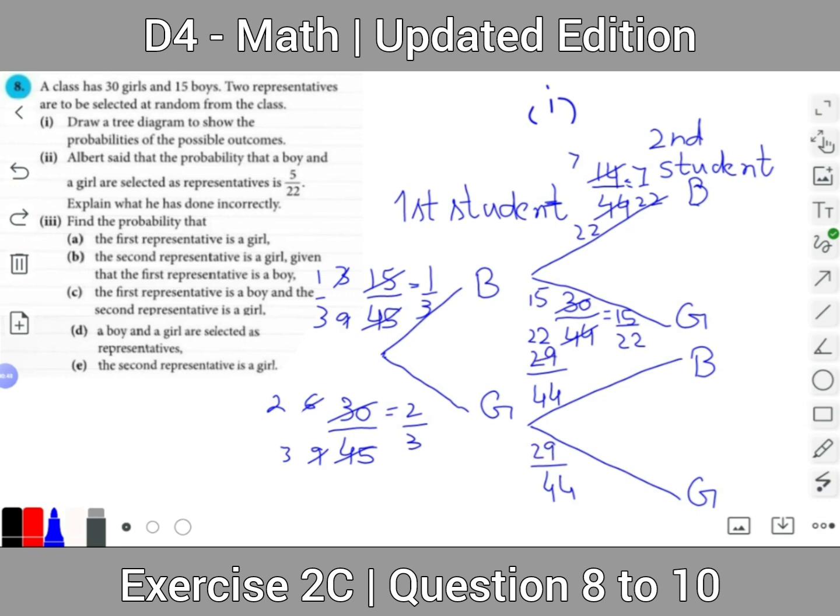And here we have 15/44. So this is the tree diagram showing the probabilities of all the possible outcomes.